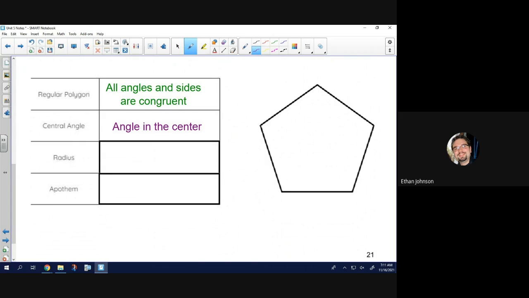So if we look at our pentagon off to the side, our regular polygon pentagon, that angle in the center is our central angle. In fact, we will be looking at, starting tomorrow, how to find that central angle.